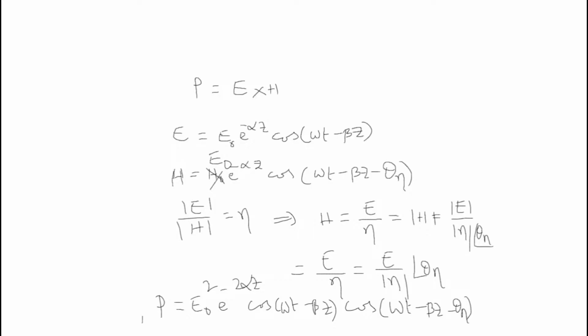It is in the form of cos A cos B. We know that cos A cos B is equal to 1 by 2 times cos of A plus B plus cos of A minus B.